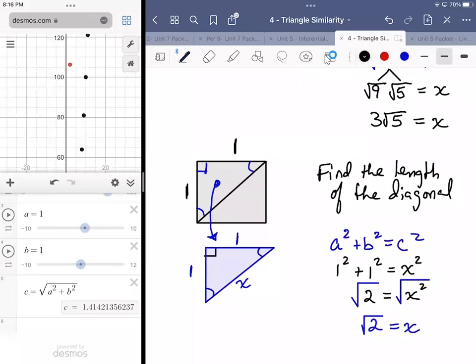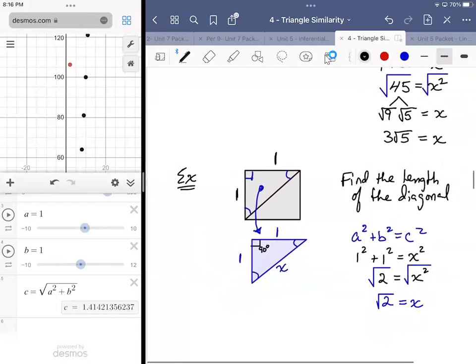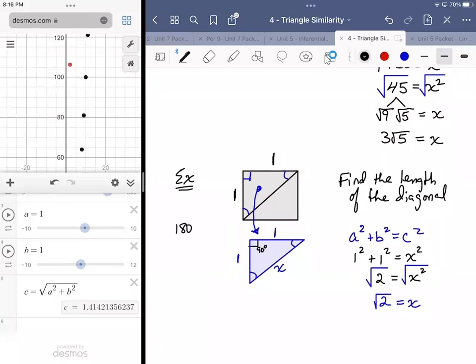More specifically, if I know that this is 90 degrees and these two angles are the same, and there's 180 degrees in the triangle, 180 minus 90 is going to give me 90 left over, split between these two angles. If it's split evenly between those two angles, 90 degrees divided by 2 is going to give me 45 degrees apiece. So this one's 45, and this one's 45.